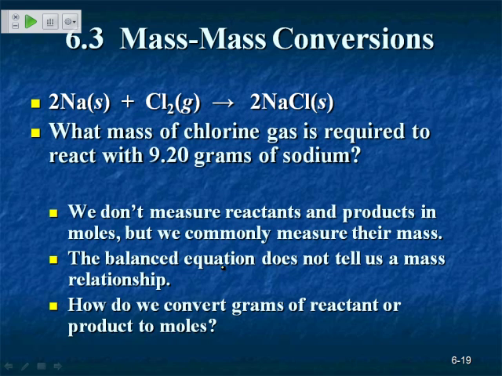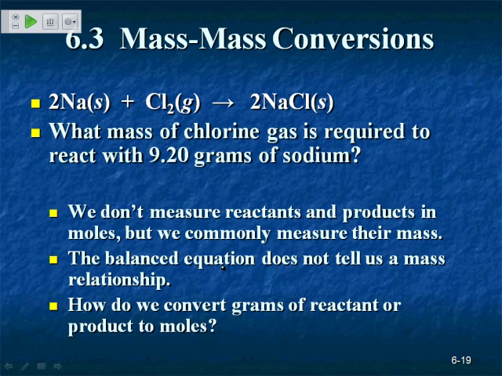So the next topic we are going to do is mass to mass conversions. We were doing the mole ratios, understanding how the reactants and products are related in terms of the moles. But in reality, when you perform a reaction, we don't have an instrument that would measure number of moles.